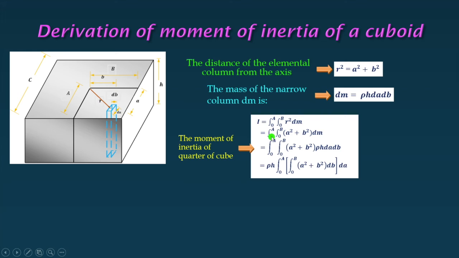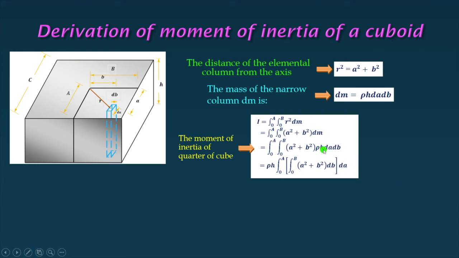So small a varies from 0 to capital A, small b from 0 to capital B, integration of a square plus b square, and substitute this value here. Notice that small a and small b, both variables are mutually perpendicular, so they are independent, and that's why we can integrate separately.